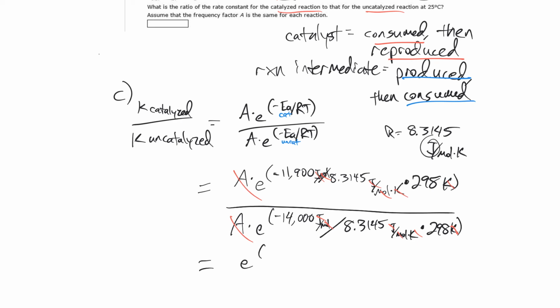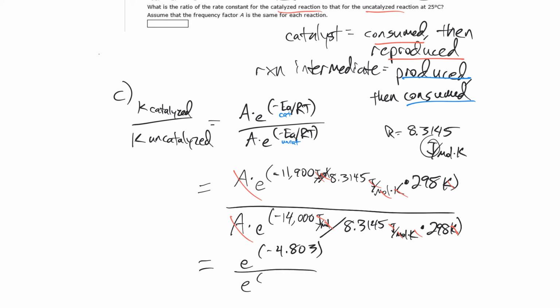So if you pull out your calculator and compute negative 11,900 all over the quantity 8.3145 times 298, we get negative 4.803.